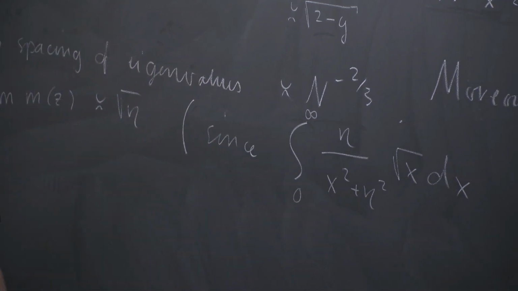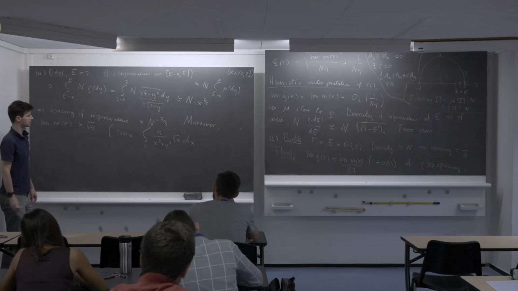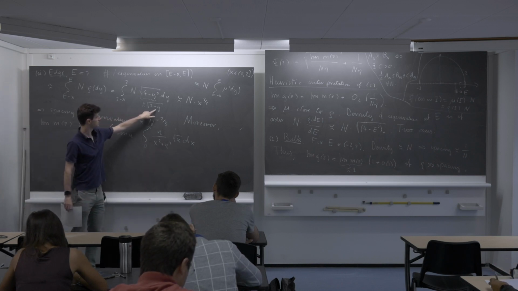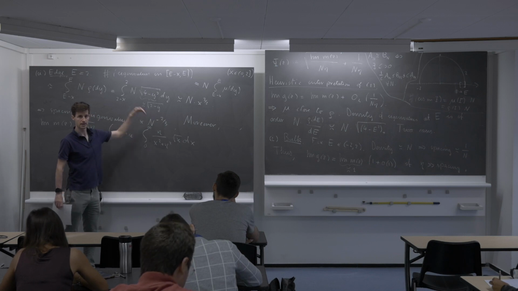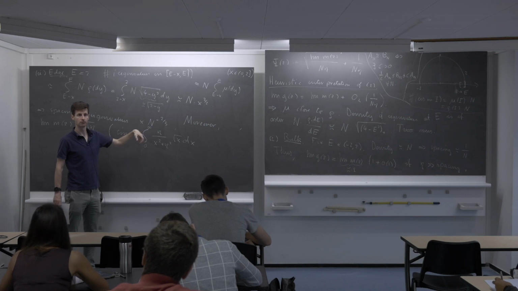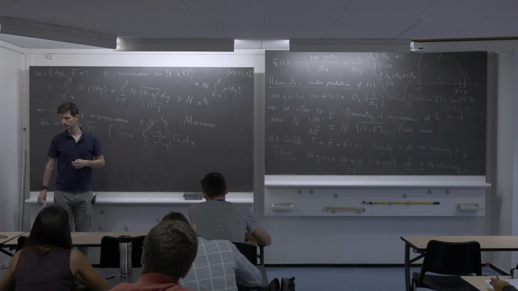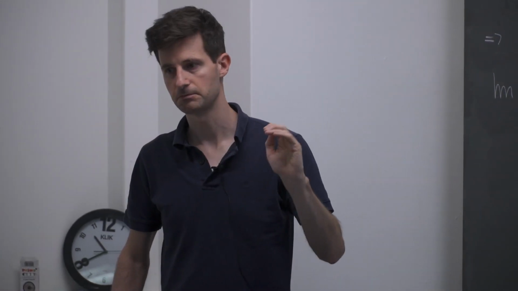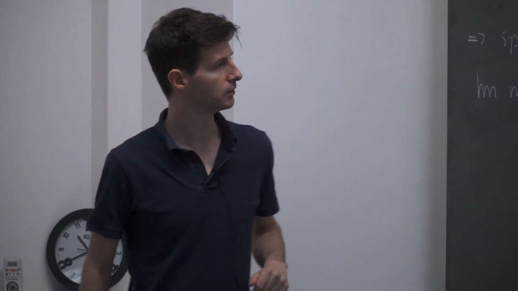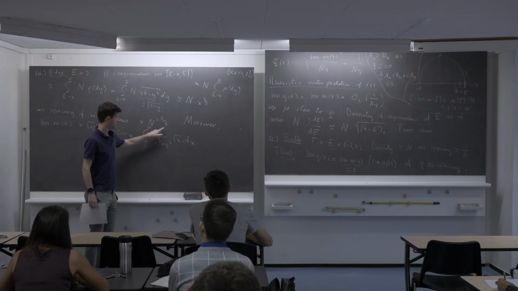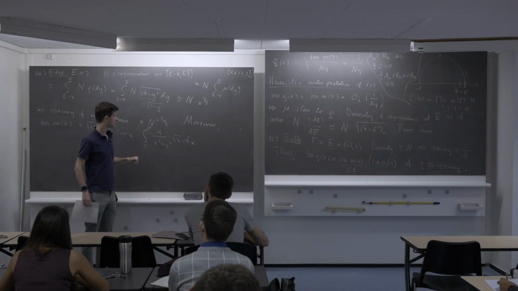I leave the exact details as a little exercise, but this is basically the integral you have to compute. The square root of x is the same square root as here. This is the behavior of the density near the edge. You have so-called square root decay, which is a very characteristic feature of many, many random matrix models. Basically all of them, if you have such an edge, behave like square root of x near the edge. And this is what you get when you take the imaginary part of 1 over z minus 1.